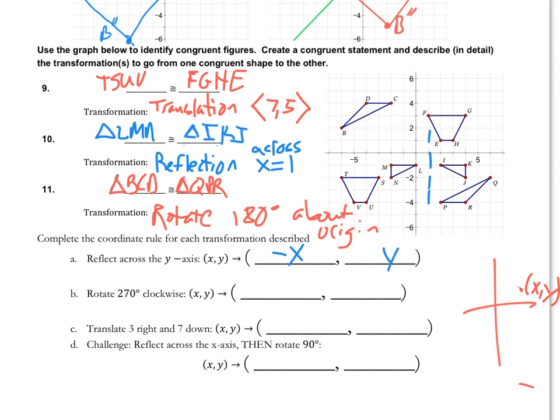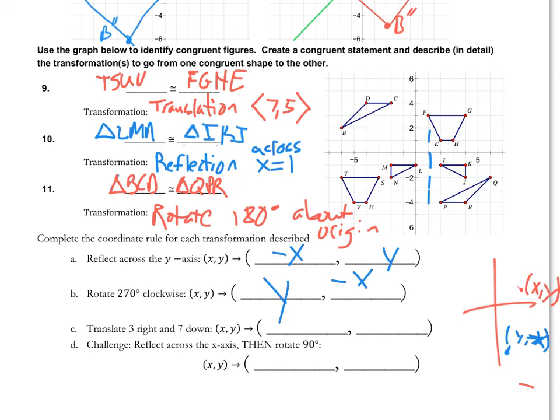So with the 90-degree and 270-degree turns, the coordinates switch. So it's going to be y comma x. And think about this: I'm down in this bottom quadrant here. That's a positive first coordinate and a negative second coordinate. So it's going to be y, negative x. Now, again, if you've got your flashcards and memorized it, great. But that's kind of how you can remember it.